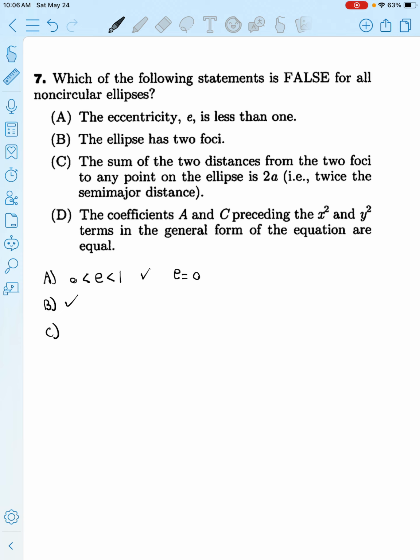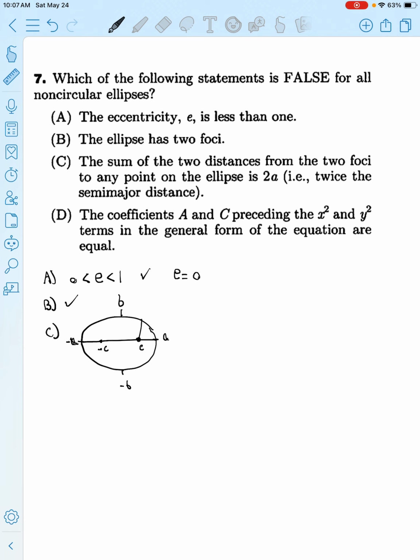C, the sum of the two distances from the 2 foci for any point on the ellipse is 2a. I can make you visualize that: that's a, that's negative a, that's b, negative b. There's the line of the ellipse. Let's say that's c, that is negative c.